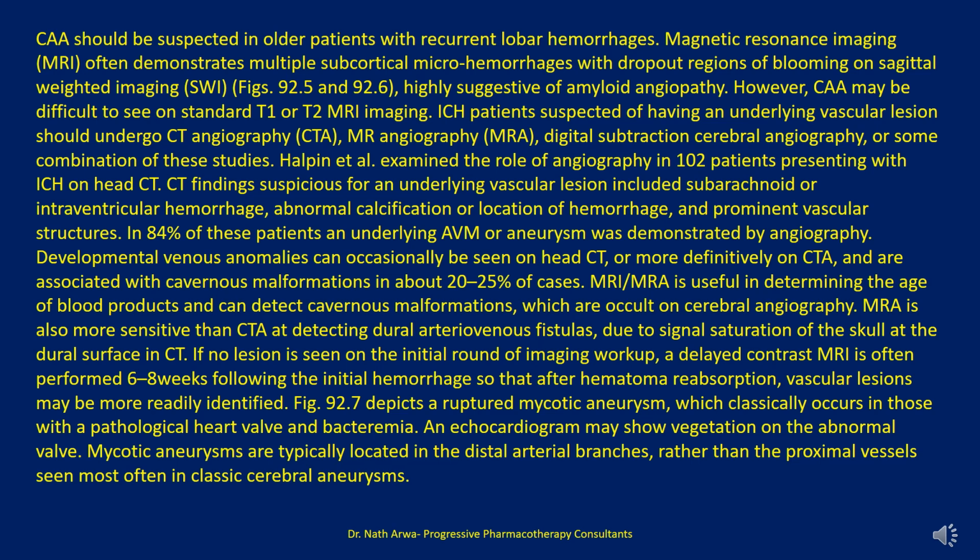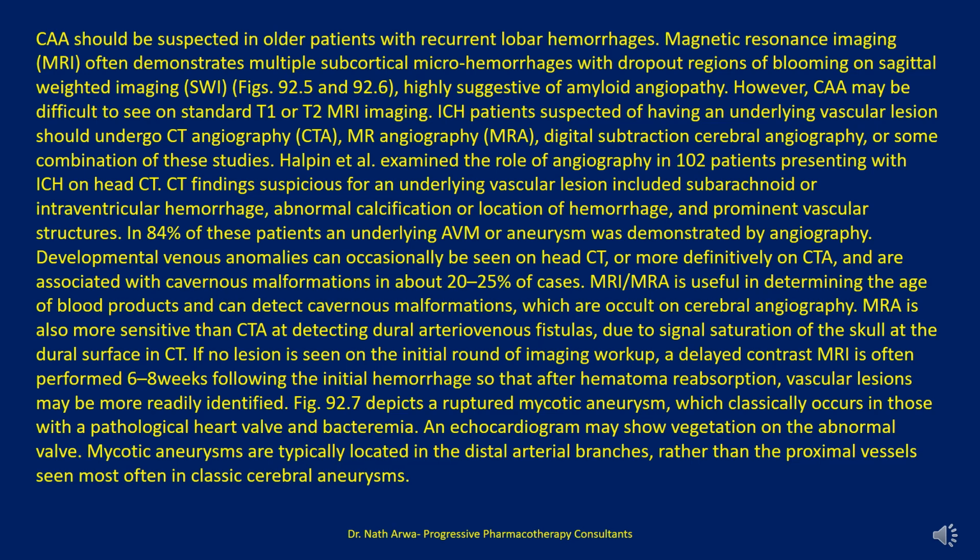Intracerebral hemorrhage patients suspected of having an underlying vascular lesion should undergo CT angiography, abbreviated as CTA, MR angiography, abbreviated as MRA, digital subtraction cerebral angiography, or some combination of these studies. Halpin et al. examined the role of angiography in 102 patients presenting with intracerebral hemorrhage on head CT.